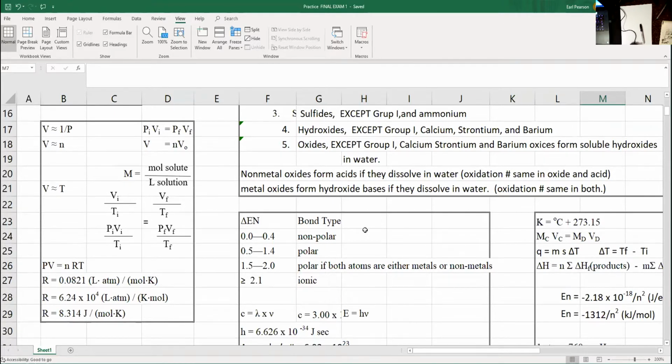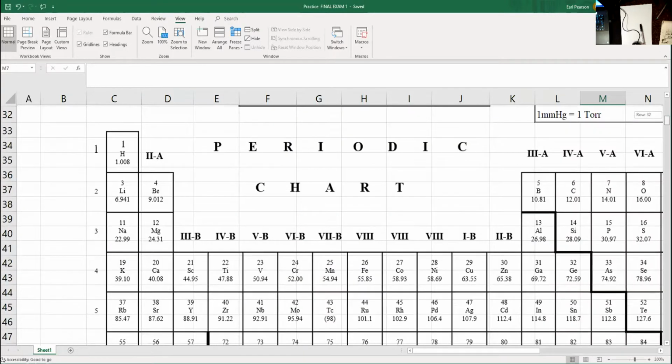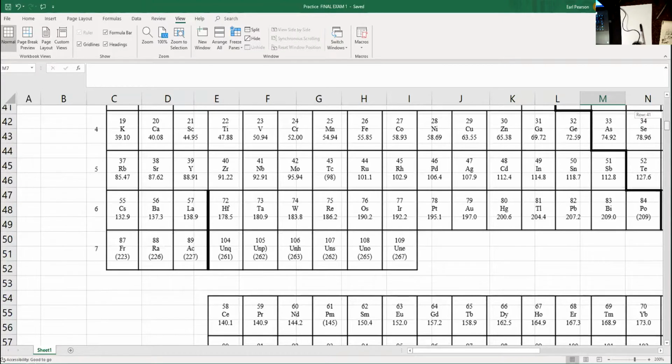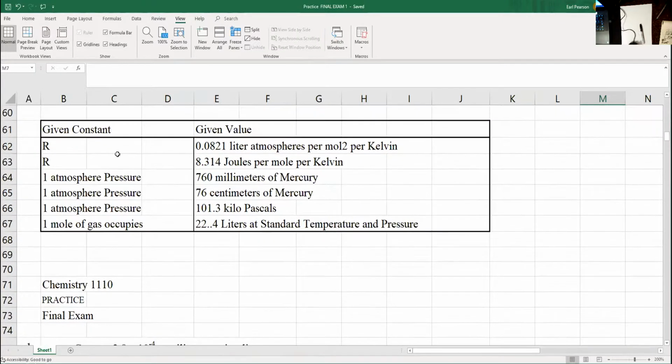Talk about bond types and polarity, so there's a whole host of information like that on the front of the exam. Now this is actually a copy off of the standardized final exam, and this is the kind of information that they give out on that. Then of course there's a periodic table that you can use here, and some other things.